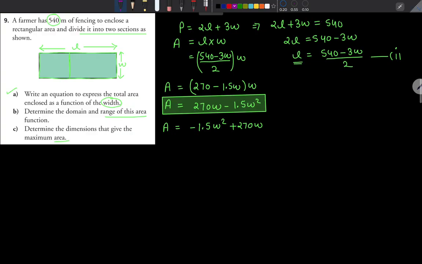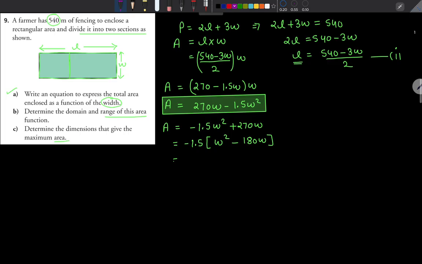This is a quadratic function, and for drawing its graph we need to find the vertex, so let's convert this function using the completing square method. Taking 1.5 common out, that will be W square minus, dividing, 180W.